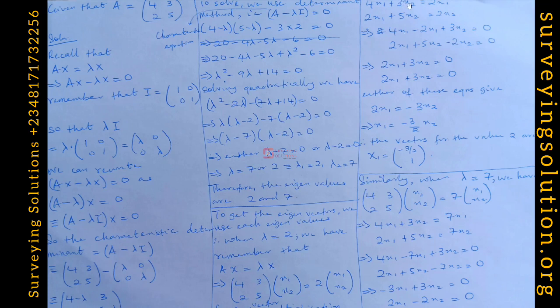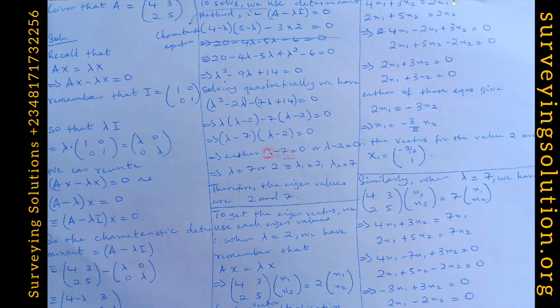Now similarly, the way we multiplied our identity matrix and lambda is the same way we are going to multiply this, right? So 2 times x1 will give you 2x1, and then 2 times x2 will give you 2x2, right? So that's how it was done. And then for the second row, we have 2 times x1, which is 2x1, then 5 times x2, equal to 2x2.